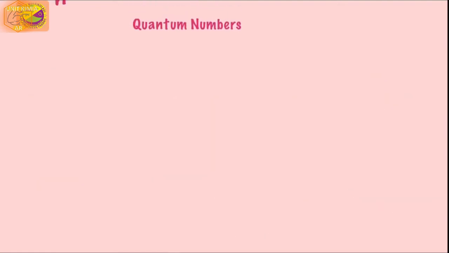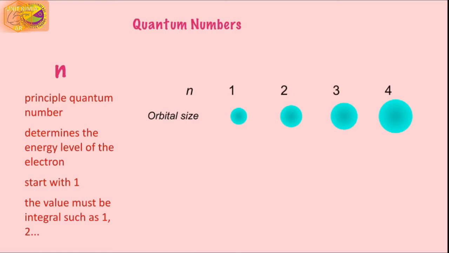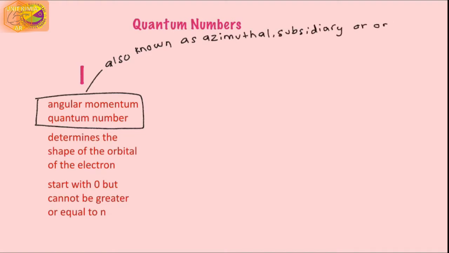For principal quantum number, as the value of n increases, the orbital size will increase and the energy will increase too. For angular momentum quantum number, there are several other names such as azimuthal, subsidiary, or orbital quantum number.